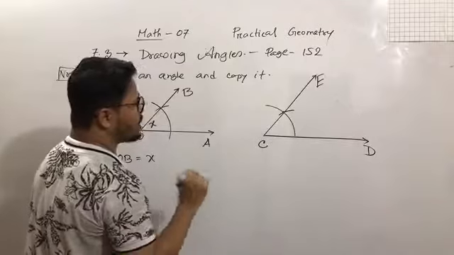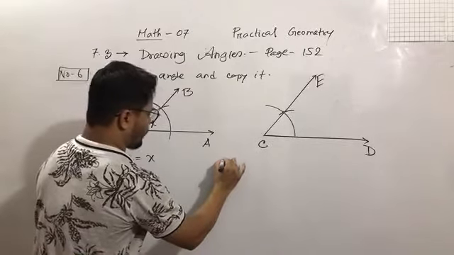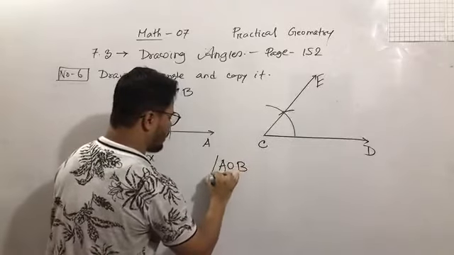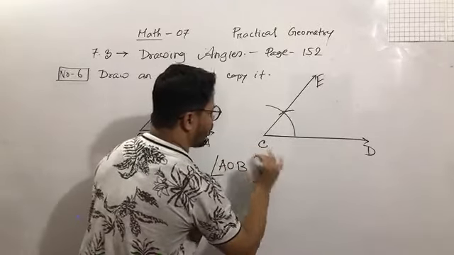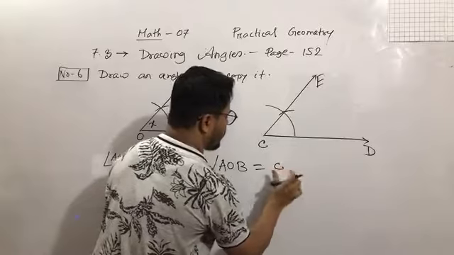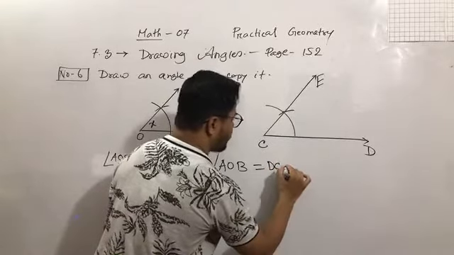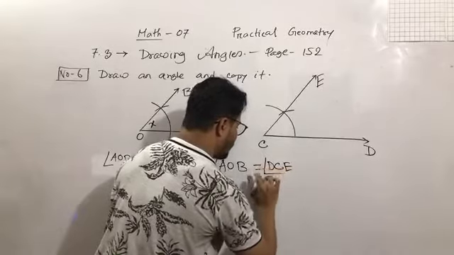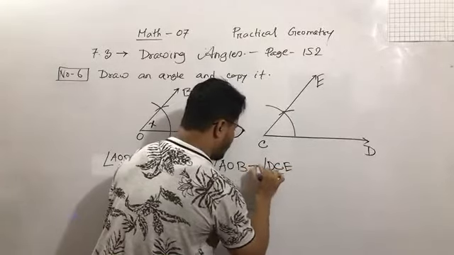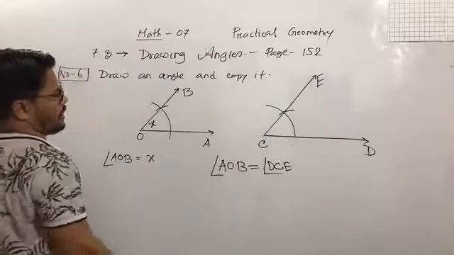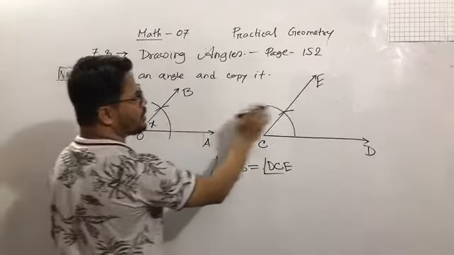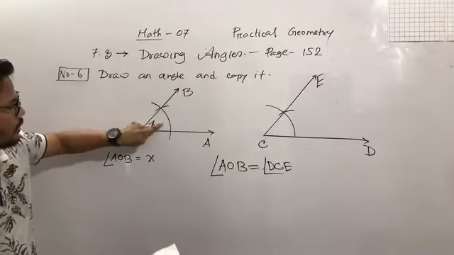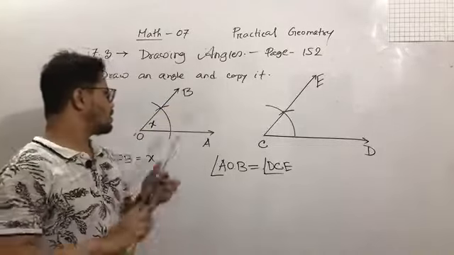So if we write here, angle AOB is equal to angle DCE, and both are the same in measure. These two angles are the same. If this one is 75 degree, this one will be 75 degree. Draw an angle and copy it.